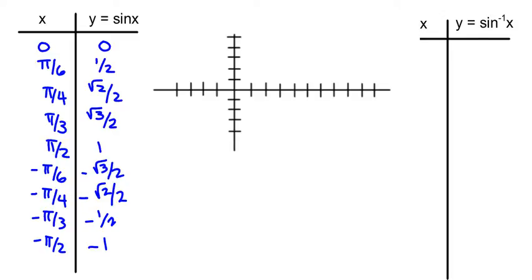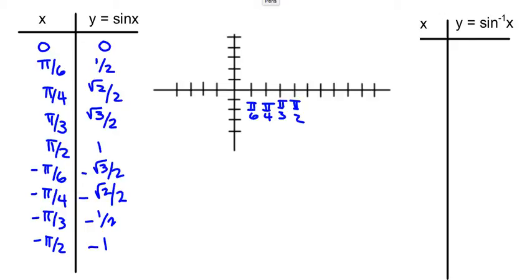So I'm going to have this be pi over 6, pi over 4, pi over 3, pi over 2. Well, these aren't really equally apart, but that's fine.